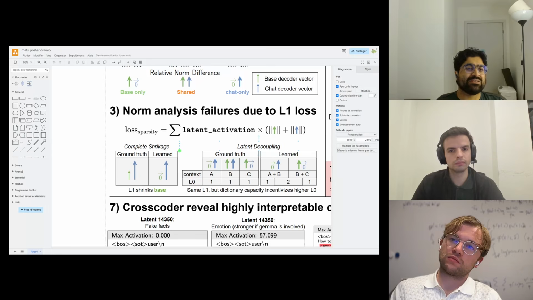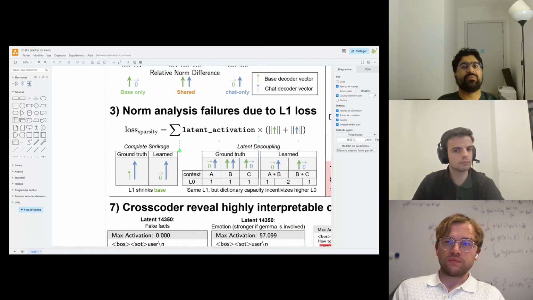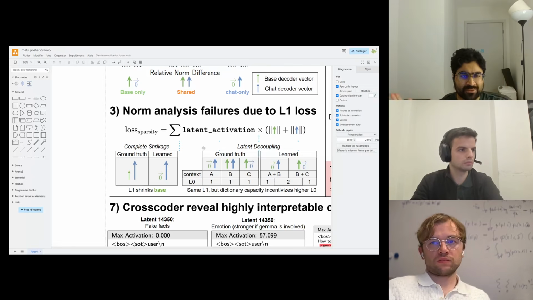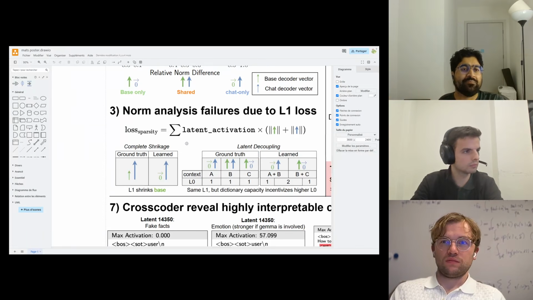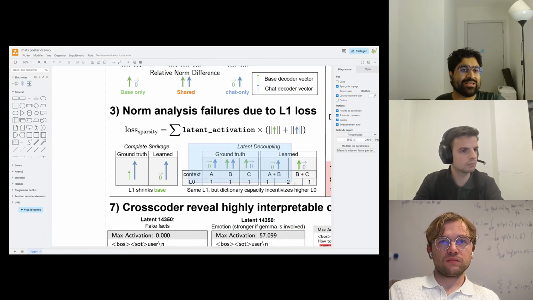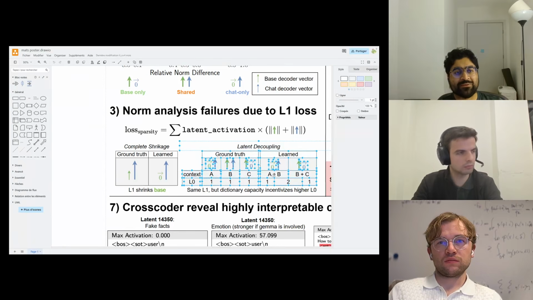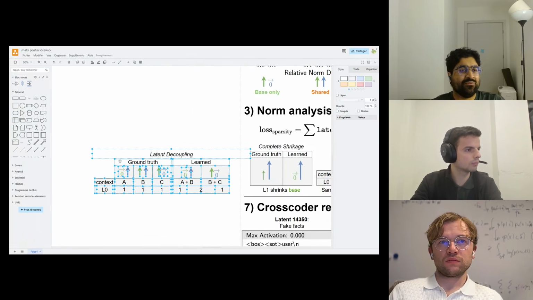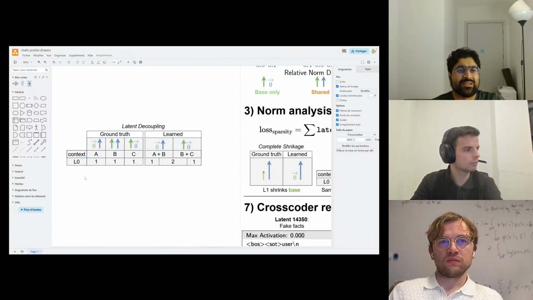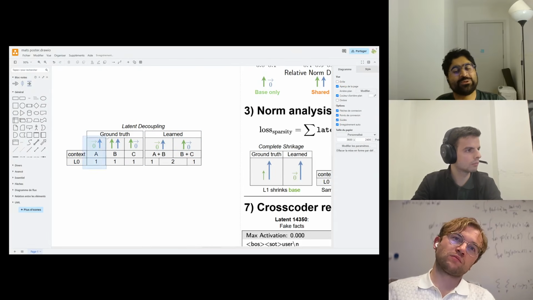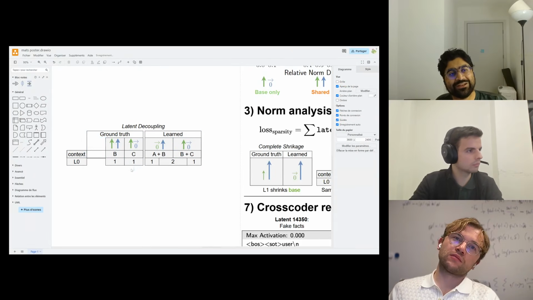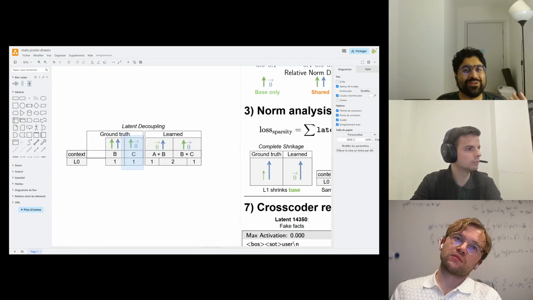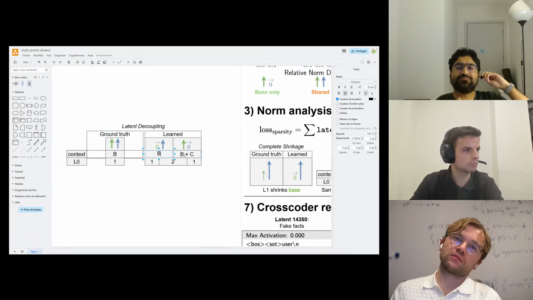And this means that, because we're not actually optimizing L0 in this setup, though many of the more modern ways of training them do, it's not an L0 of 1 for B versus an L0 of 2. It's an L1 of 2 times something versus an L1 of 1 times something twice, and it's just kind of indifferent.